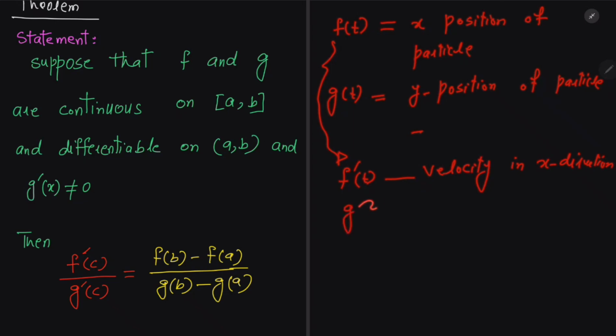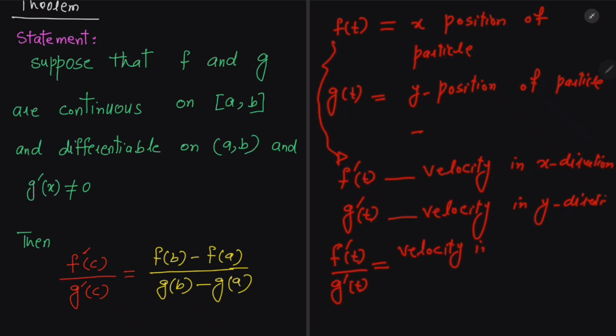And g'(t), the derivative of g, is the velocity in the y direction. So in Cauchy's mean value theorem, we have f'(t) divided by g'(t), which is the velocity in the x direction divided by the velocity in the y direction.